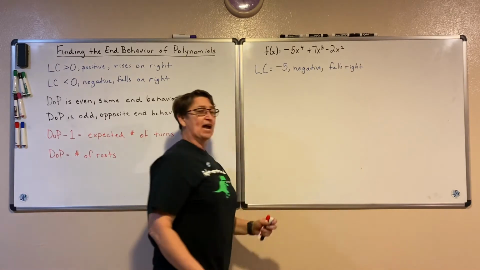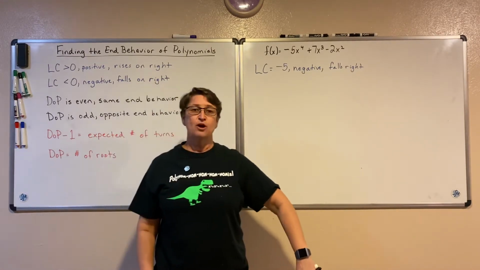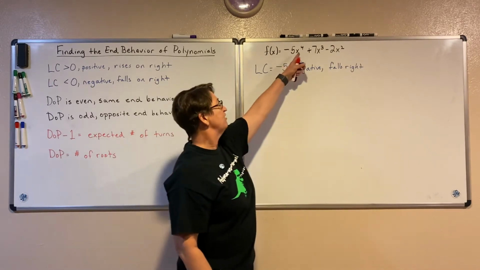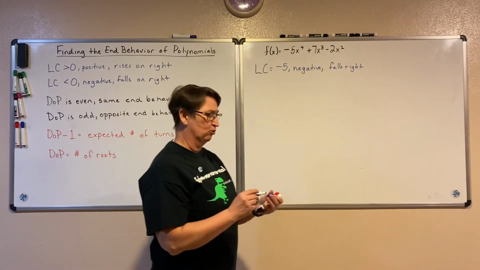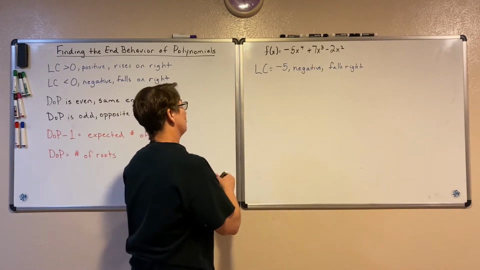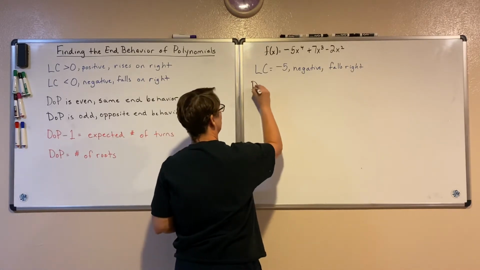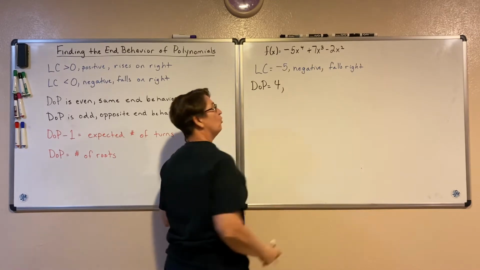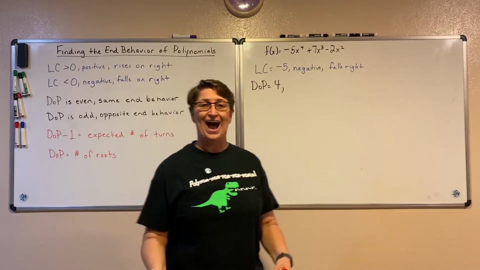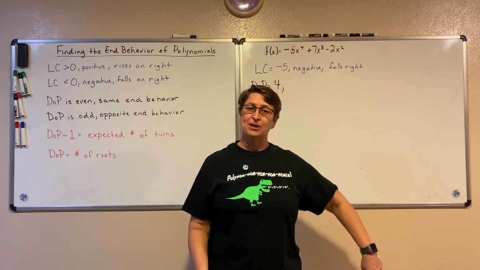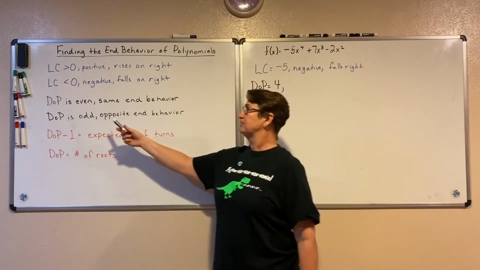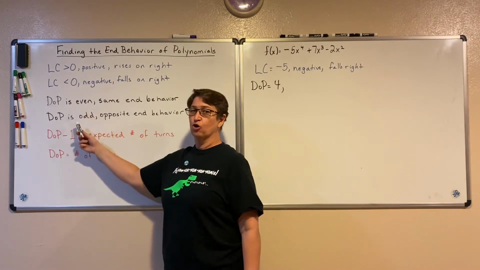Then I can find out what's happening on the left by looking at the degree of the polynomial. In this case, the degree is 4, so I'm going to write that down to let my reader know. What do I care about that 4? I look to see whether that degree is even or odd.